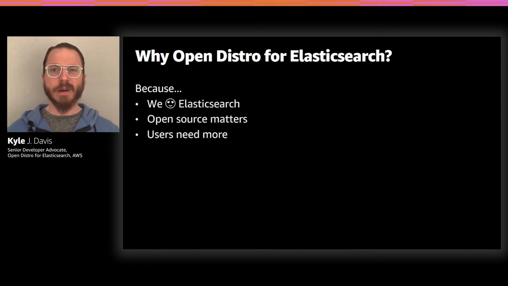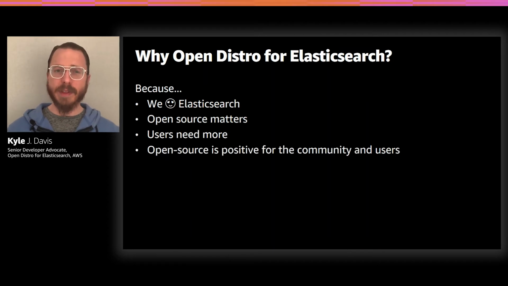We have things that are really promising as well. So we have a plugin for KNN, so nearest neighbor, which is a really promising technology that we think lots of people can use. So we looked at the things that users might need or want, and we helped those get into the distribution, or we wrote them ourselves.